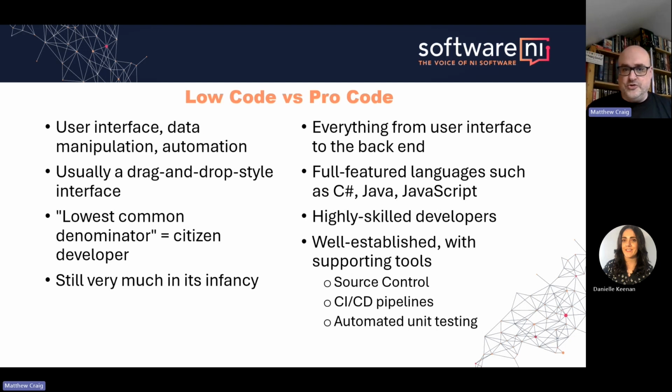Normally, you do it using a full-featured language such as C#, Java, or there's a bit of a resurgence in JavaScript at the minute. There are still people who are using some of the older languages like COBOL and C. Obviously, they're few and far between, but there are still legacy systems out there that run on those.